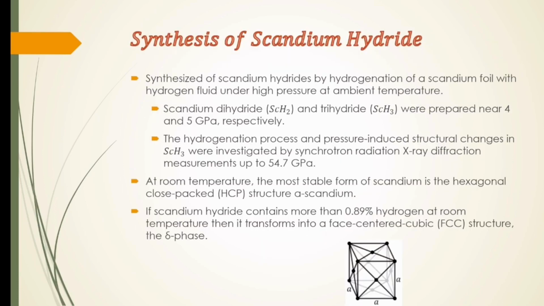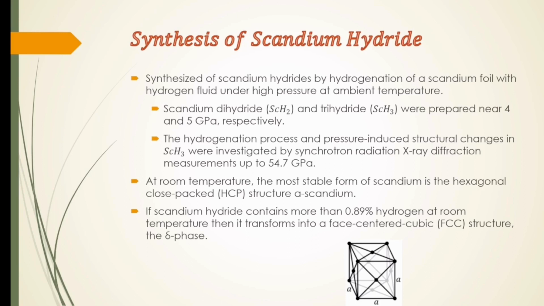Next, it is about the synthesis of scandium hydride. Scandium hydride is synthesized by hydrogenation of a scandium foil with hydrogen fluid under high pressure at ambient temperature. Scandium dihydride and trihydride were prepared near 4 and 5 GPa respectively. GPa refers to the unit of pressure.